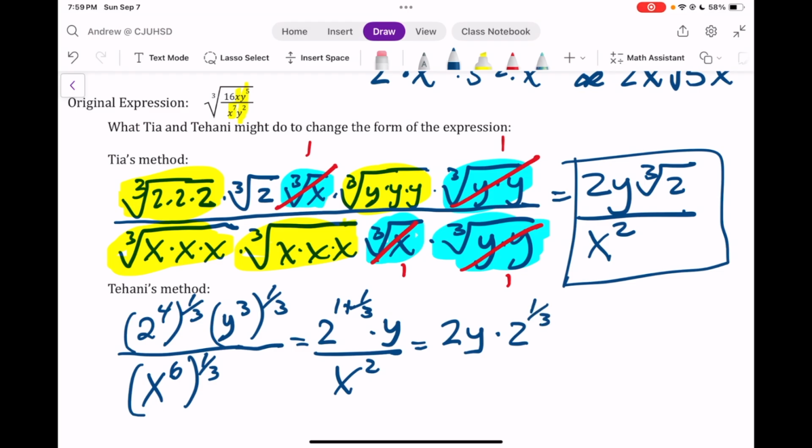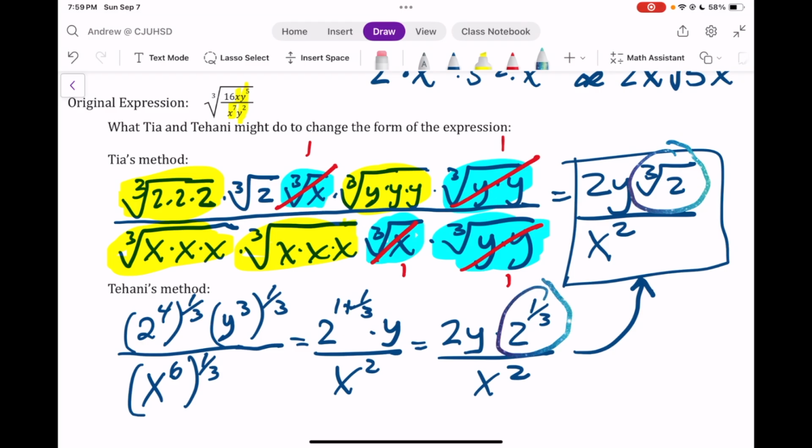I'm just writing it at the end so that I can show you it's in the same order as this one right here. The only difference between those two is how you express the 2. Either the cube root of 2 or 2 to the 1/3 power.